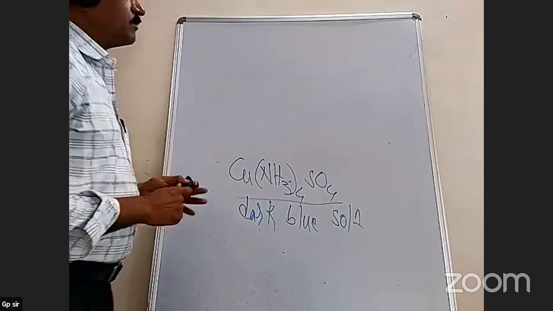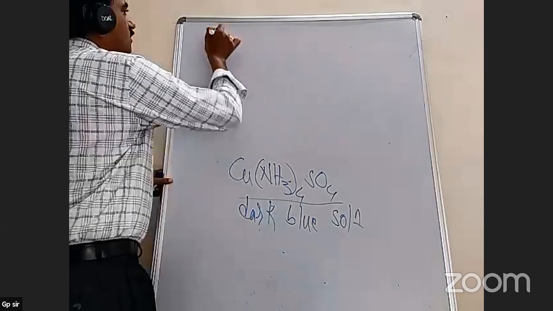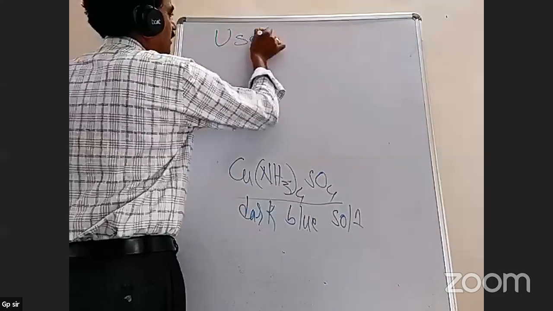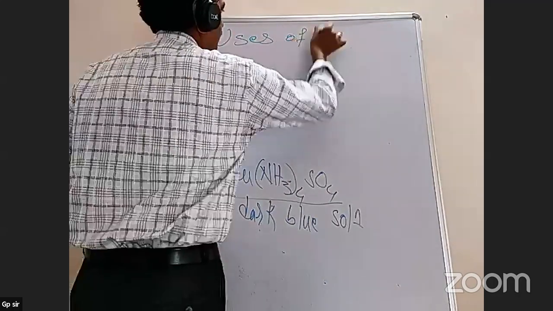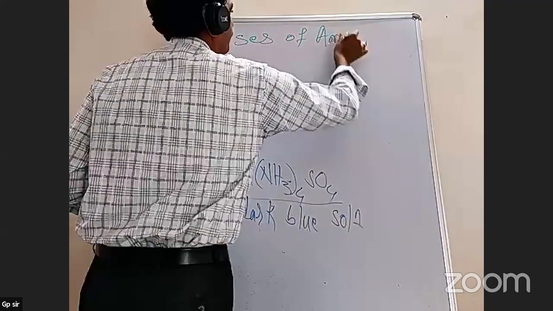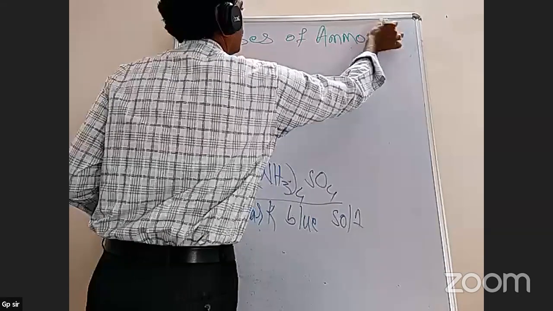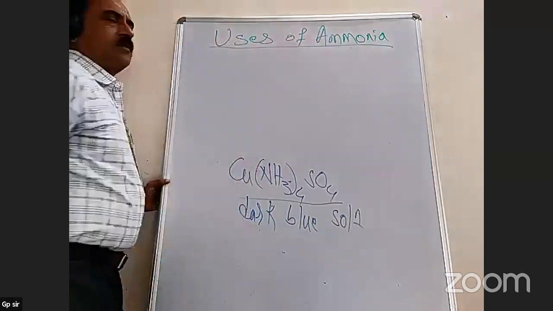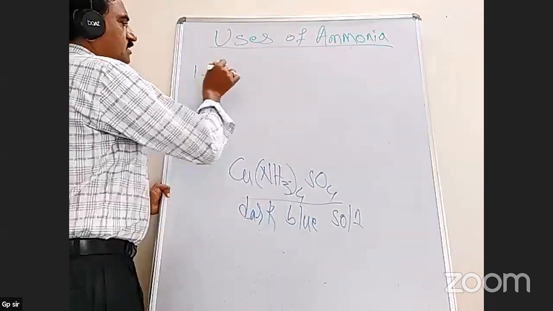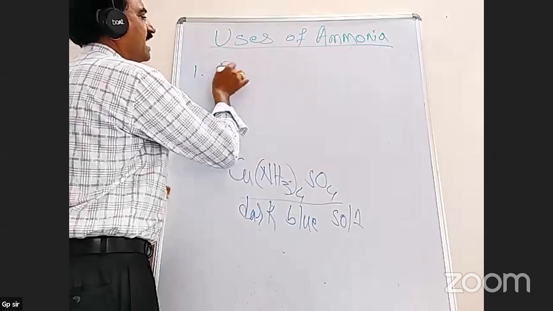Uses of ammonia. In what forms is ammonia used? Ammonia is used in the manufacture of fertilizers.